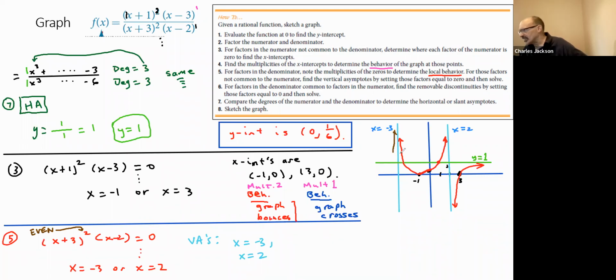Actually, it's kind of like leaving as we read from left to right, that it's going to come in the next interval. It doesn't approach this vertical line down here, it approaches it up here. And y equals 1 is a horizontal asymptote, so it's going to have to approach that.